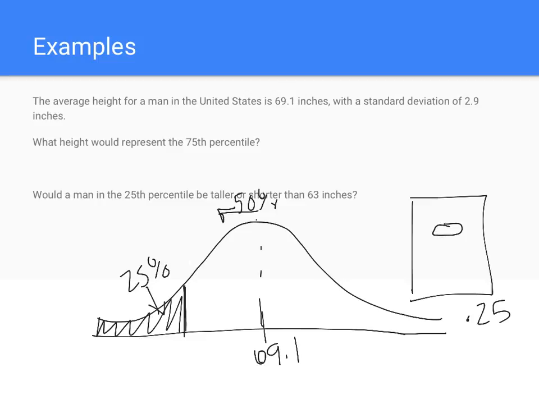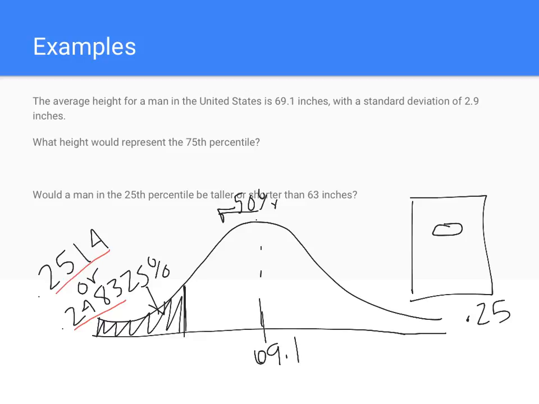Let's see, what is close? I found one that is 0.2514 or 0.2483. Okay, and so to choose which one is closer, this one is 14 thousandths away. This one is 17 thousandths away.